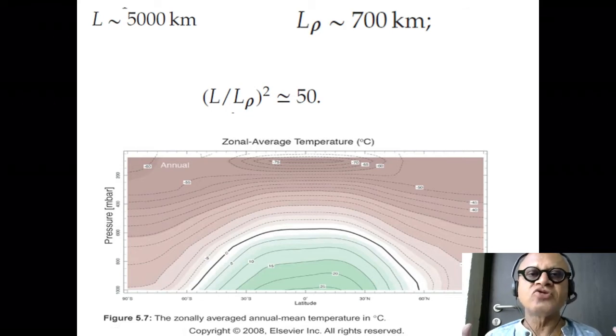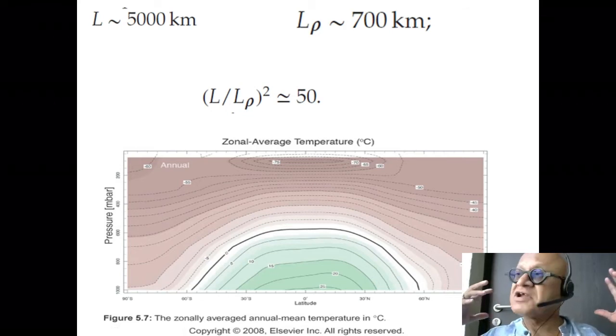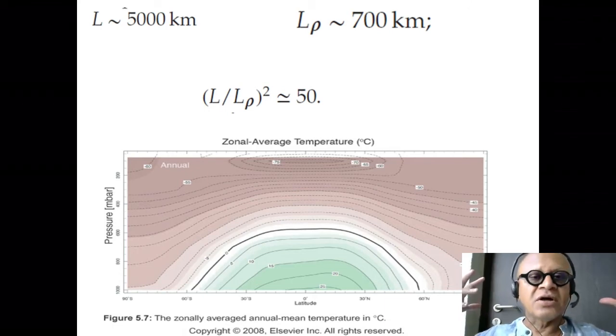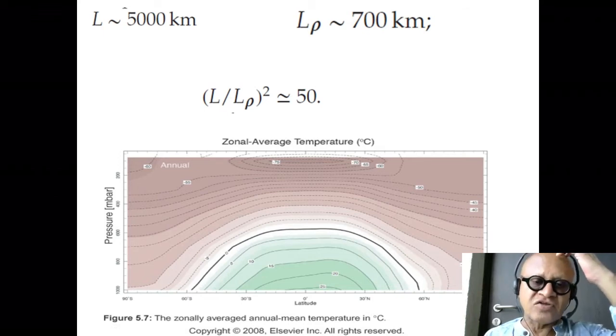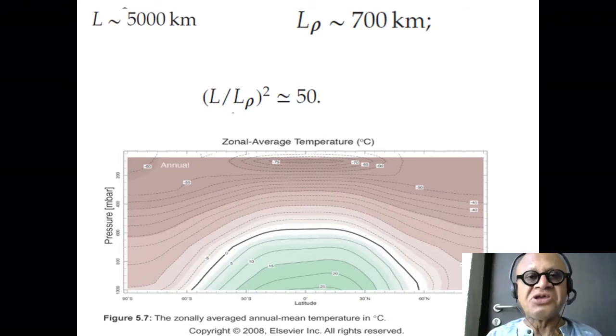Okay, so even though we see very fast winds and all kinds of storms, the large scale structure remains this way when you average over long enough time scales of a season or a year, which means the rotation is somehow taking the system and rearranging the structure, locking up the potential energy.